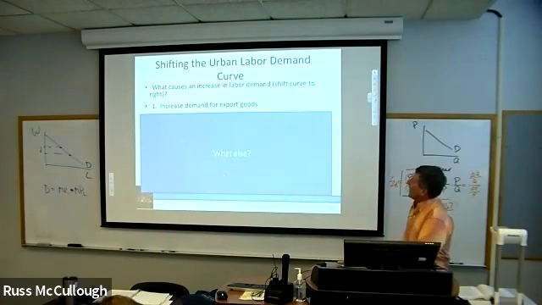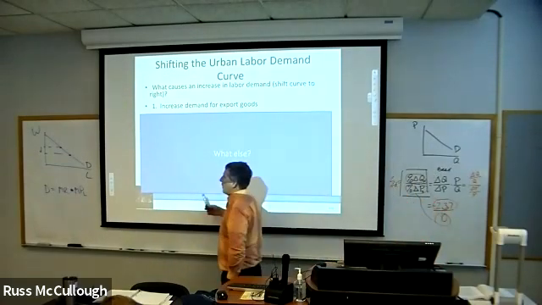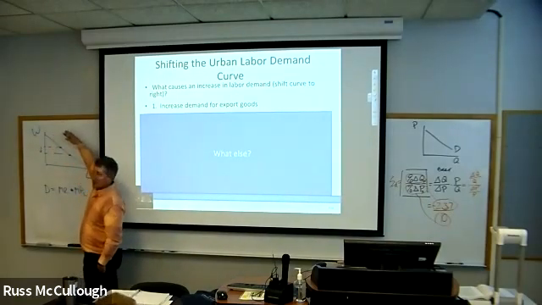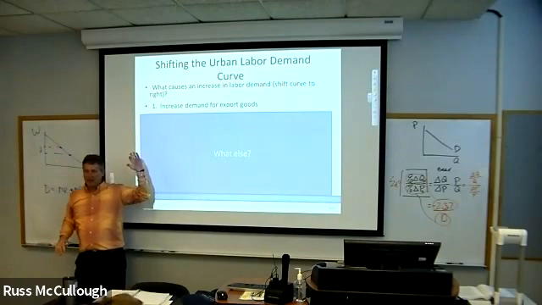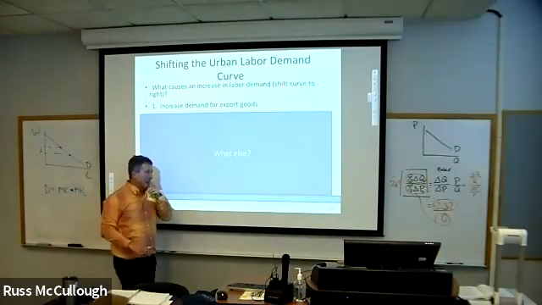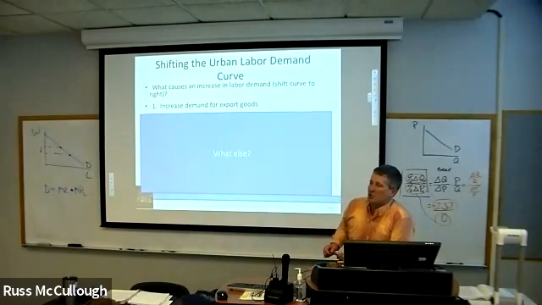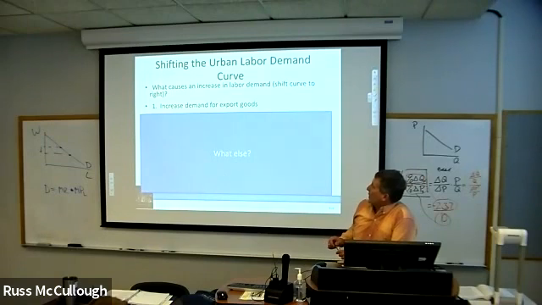So if there's an increase in demand for our product, then I need more people to make the product. That's all number one is. What else influences the labor demand curve that would cause it to shift? Labor productivity. So what would make us more productive?